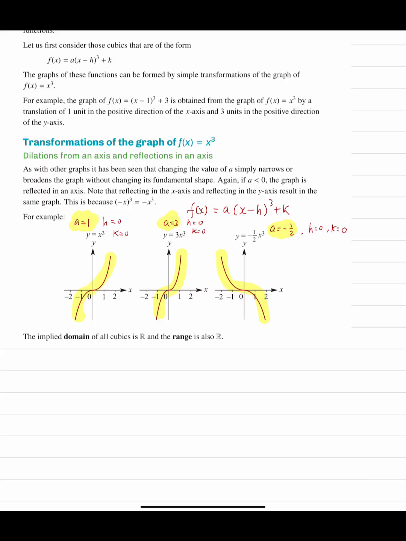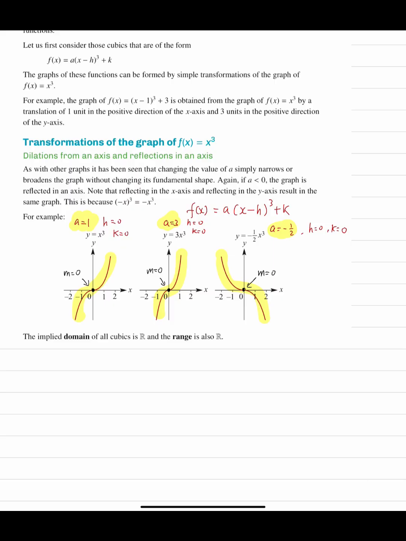The reason I say overall instead of all the trends is that at this very point in the middle, the gradient equals 0. Basically, it is a flat point. We will talk about this in calculus a bit more, but at this stage, you need to know that the gradient actually changes, so it's not the same as a straight line. In this case, you have a point where the gradient is 0.